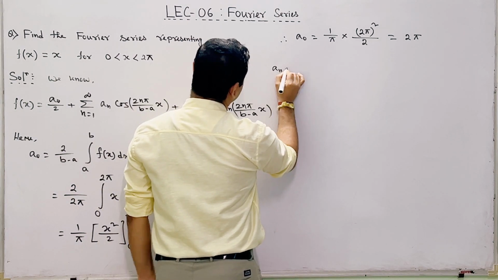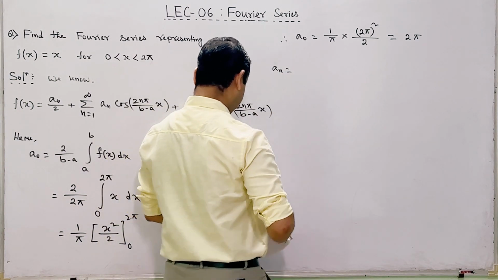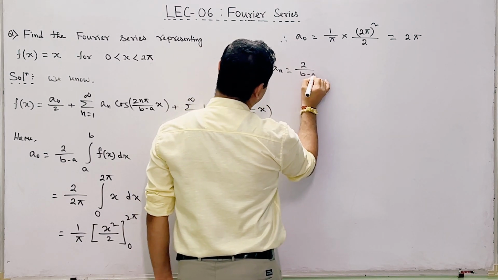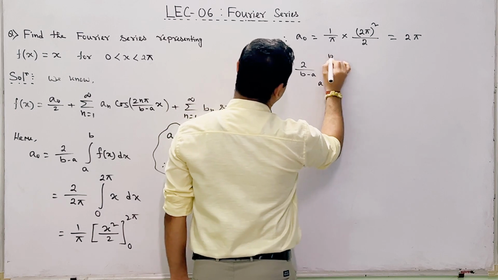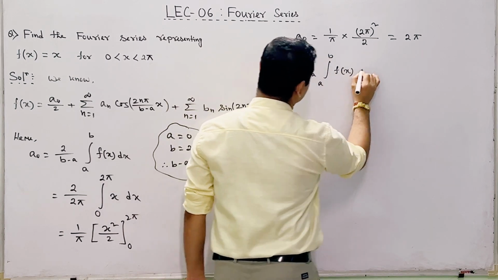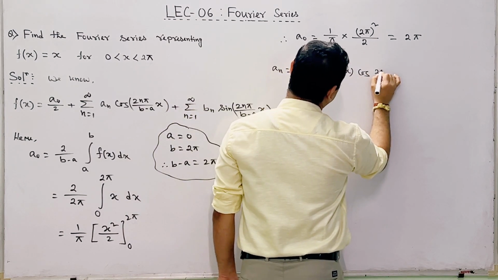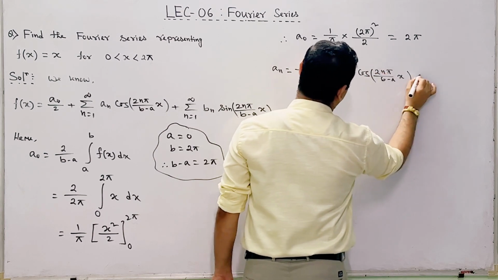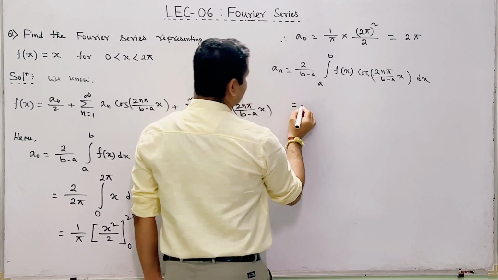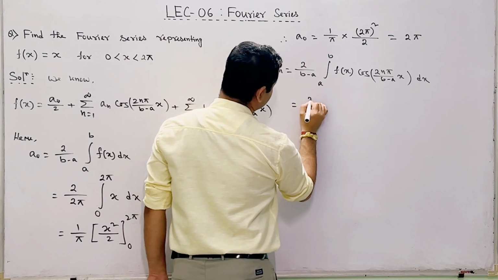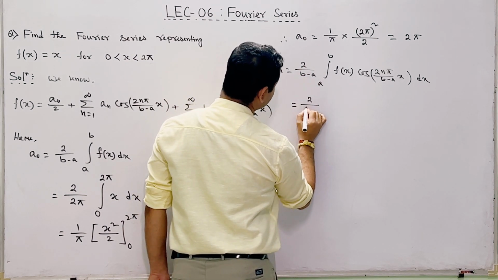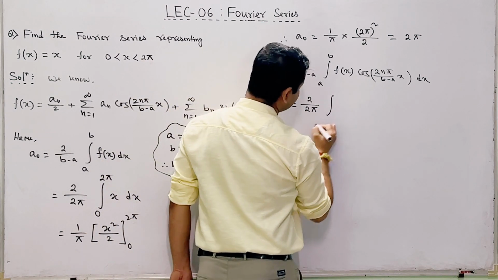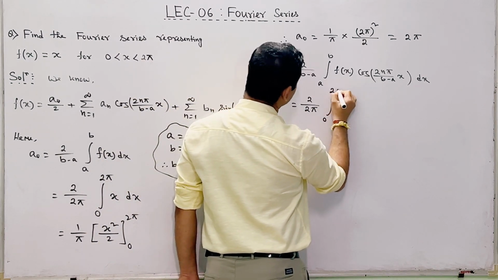Again an is given by 2 by b minus a integration a to b f of x into cos twice n pi by b minus a into x into dx. So 2 divided by b minus a, this one, 2 divided by 2 pi, integration 0 to 2 pi.